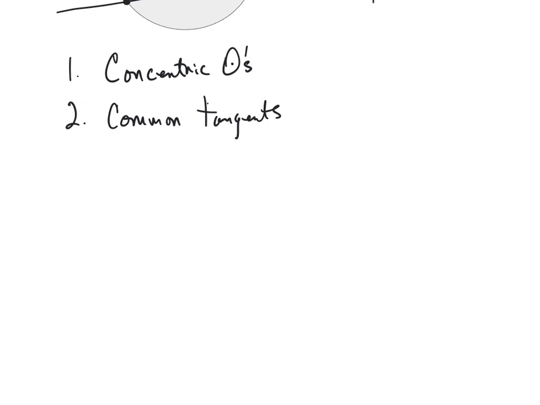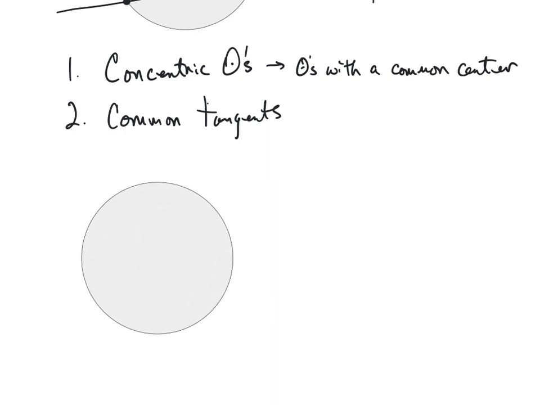First, the concentric circles. Let's in fact write down the definition first. These are just simply going to be circles with a common center. Circles with a common center. So let me see if I can draw a couple of concentric circles for you guys. So here's one circle.